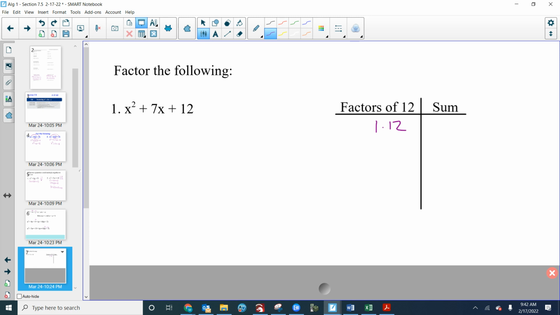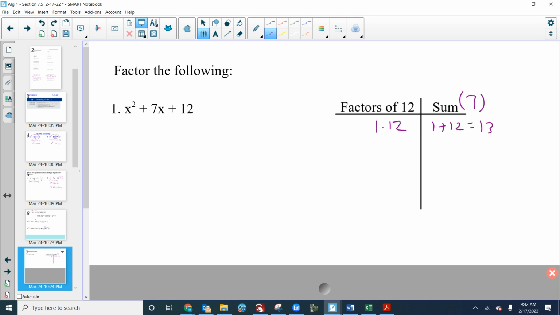Okay, what's the sum? The sum has to add up to 7 here, right? Okay, what's 1 plus 12, guys? Okay, is that my answer then? No, because it doesn't add up. It multiplies to 12, but it doesn't add up to 7.